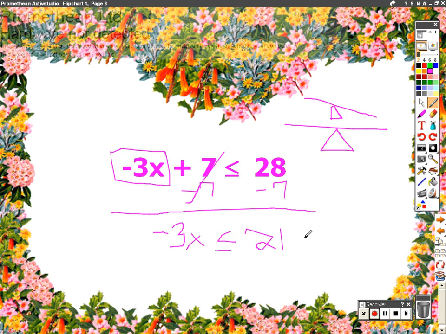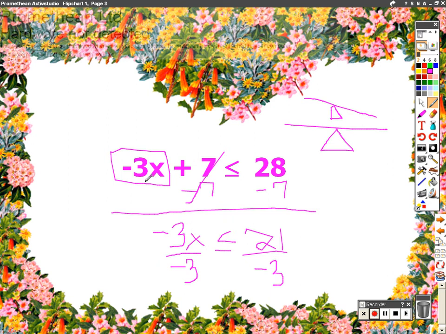Another way to think about it is everything is relative to its distance from 0. So when I divide by negative 3, I'm changing my direction. I'm making a U-turn on that number line. And when I make a U-turn on that number line, I'm going to go from less than to greater than.